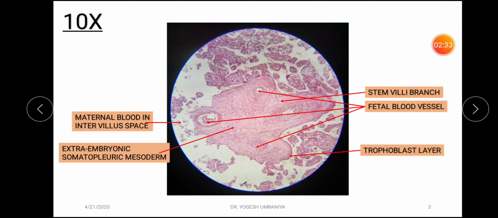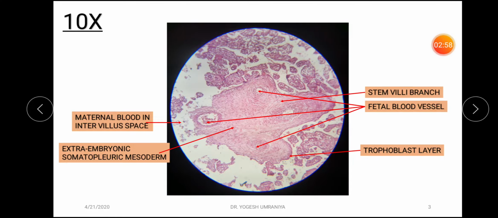So that is the fetal blood vessel. After that you can see the connective tissue here, that is the extra embryonic somatopleuric mesodermal connective tissue, and on the outer aspect you will find the trophoblastic layer. So that is the image under the 10x.